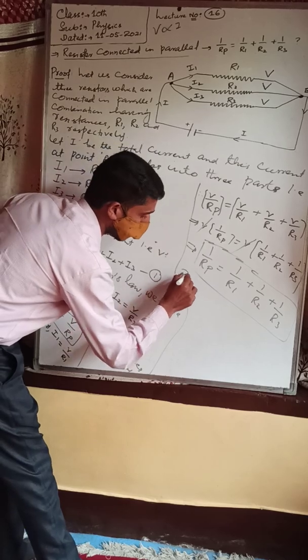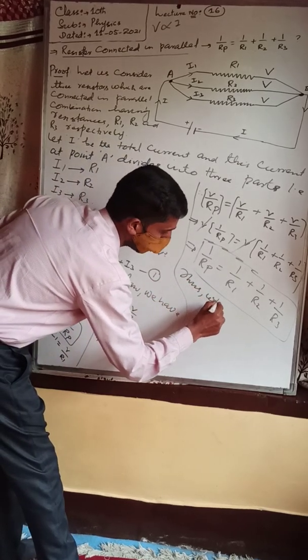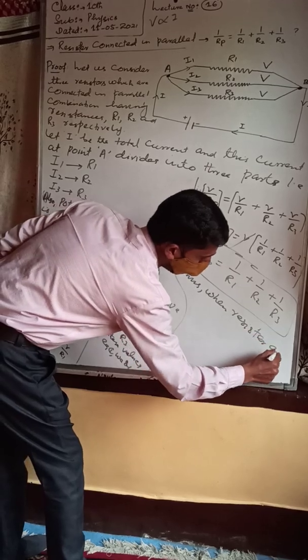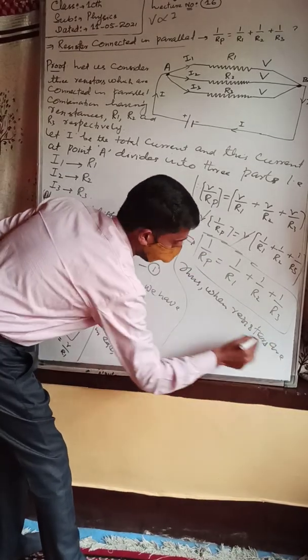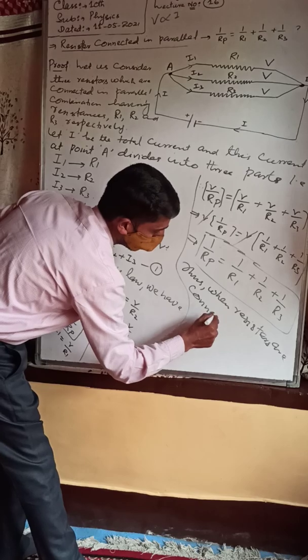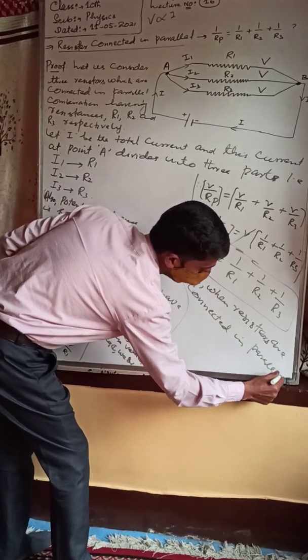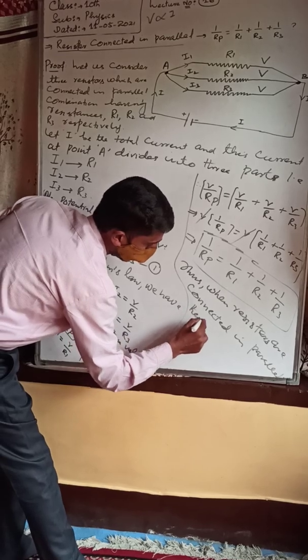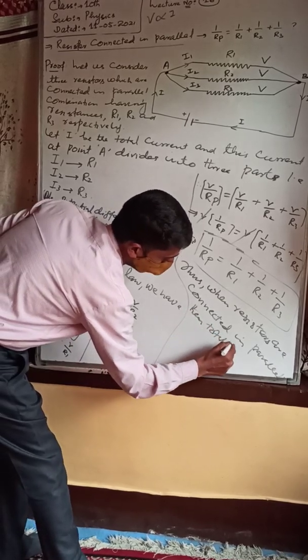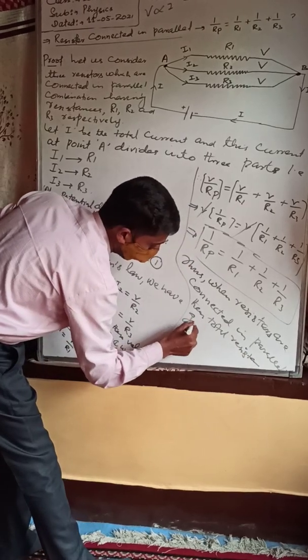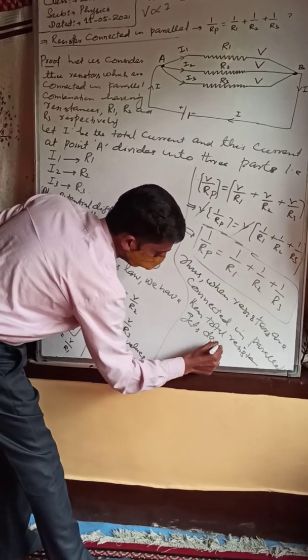So I will write here thus: when resistors are connected in parallel, then total resistance gets decreased.